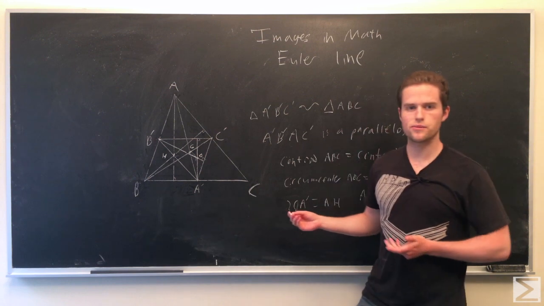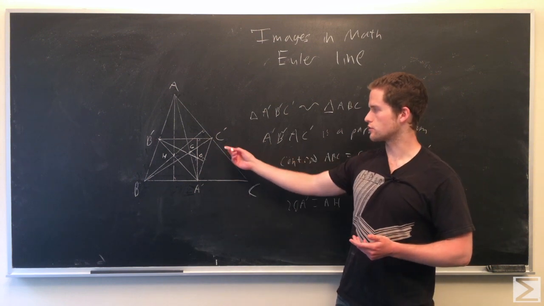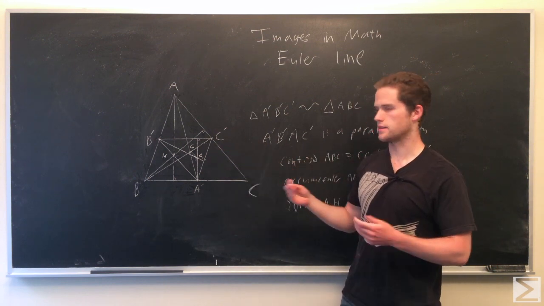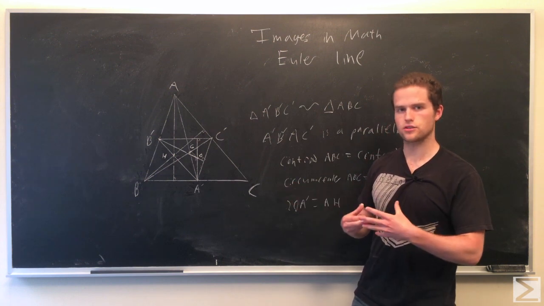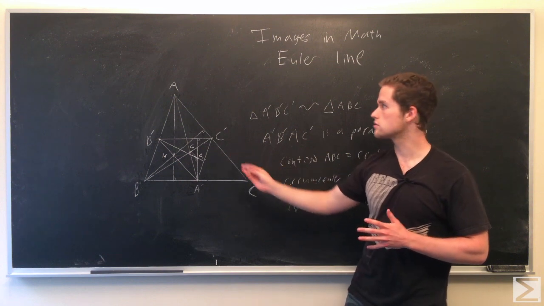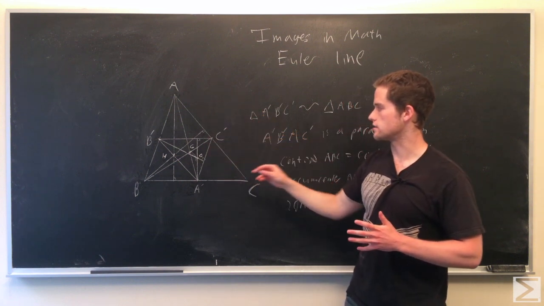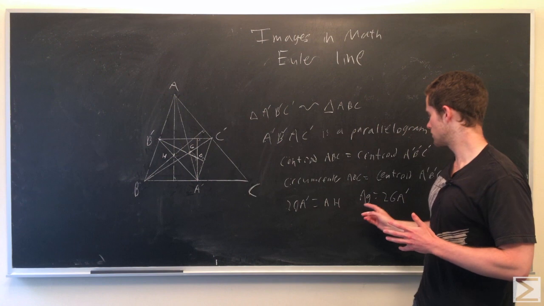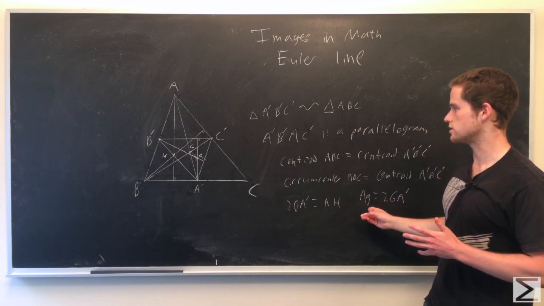It's a theorem we won't prove here, but it's well known that the median lines that intersect at the centroid in fact divide each other in a ratio of 2 to 1. So AG to GA prime is in a ratio of 2 to 1, so 2 GA prime equals AG.